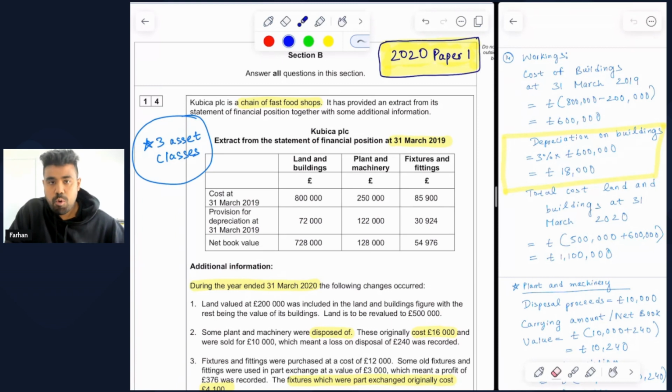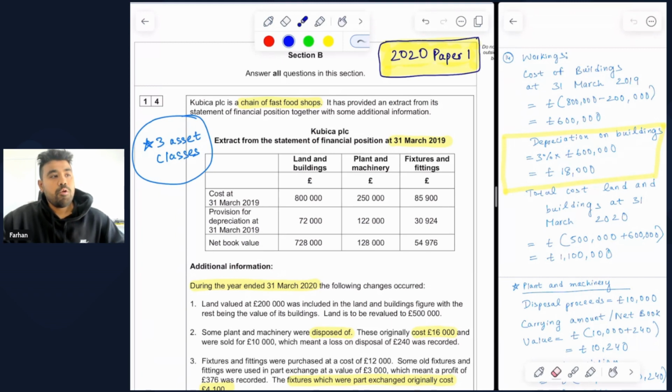So it's pretty straightforward. On that basis, to find the separate cost of buildings at 31 March 2019, I take the total of £800,000 and then subtract the £200,000, which relates to land only, and that gives me the total value or cost of buildings, which is £600,000 at 31 March 2019.